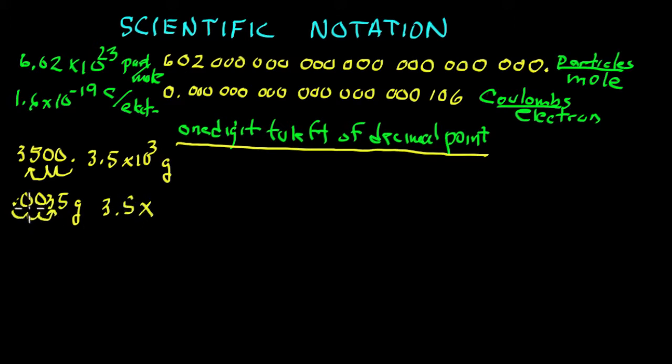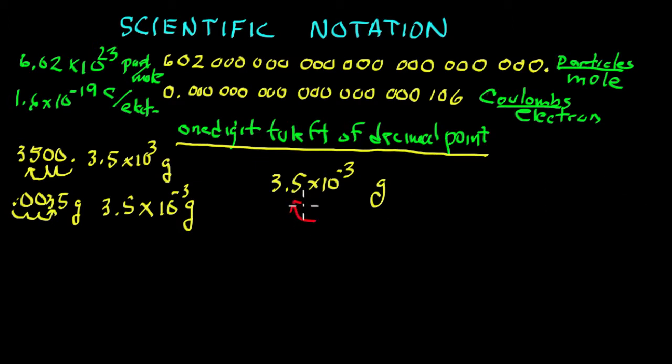Now you're dealing by tenths, hundredths, and thousandths. 10 to the minus 3 grams. Okay? So if we take this number, 0.0035, and I'll rewrite it up here as 3.5 times 10 to the minus 3 grams. And we'll put what each part is.